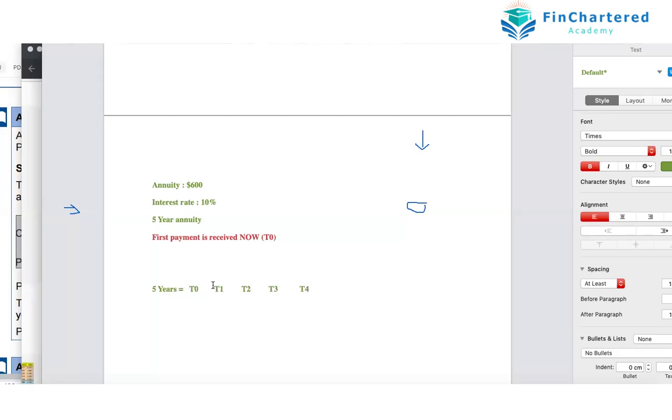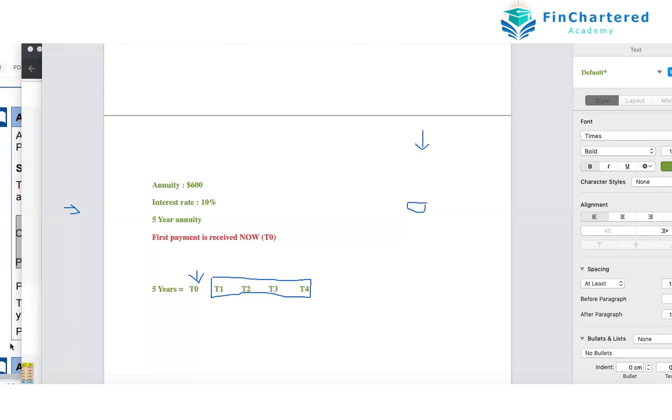That's it, 1, 2, 3, 4, 5. So because the first amount is received now, we will take the annuity factor for only the other 4 years, because the first amount is received now itself.